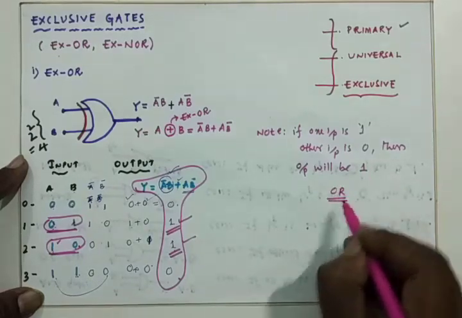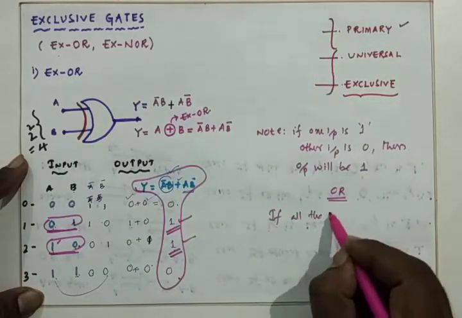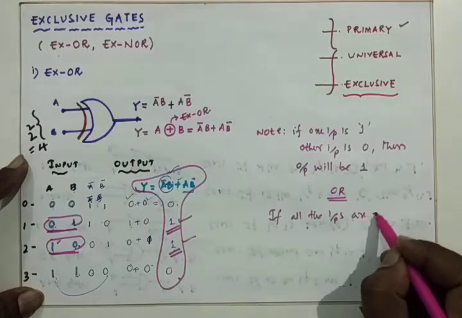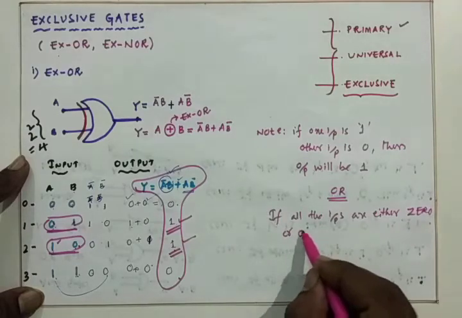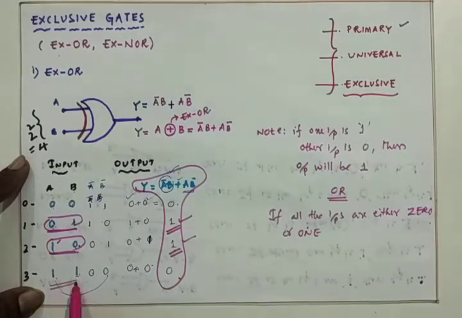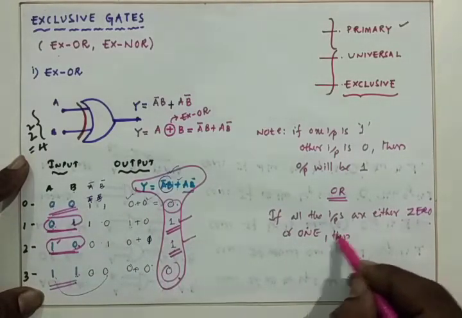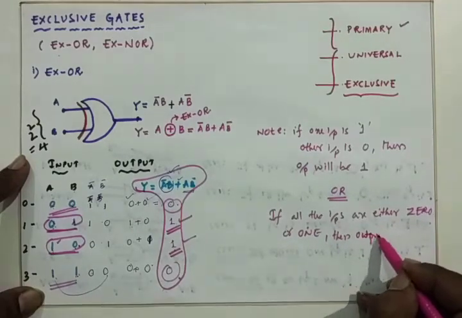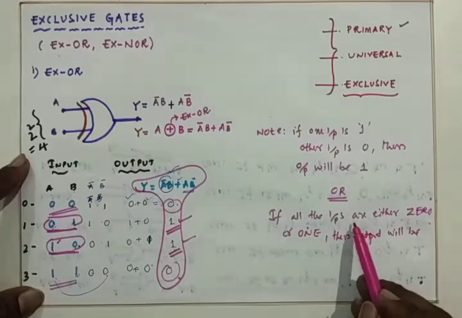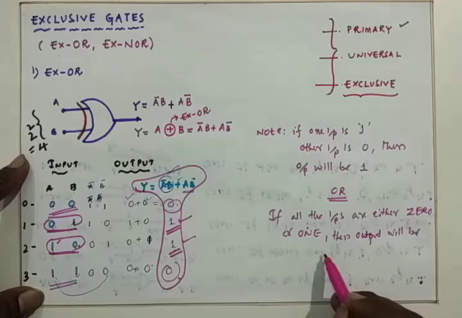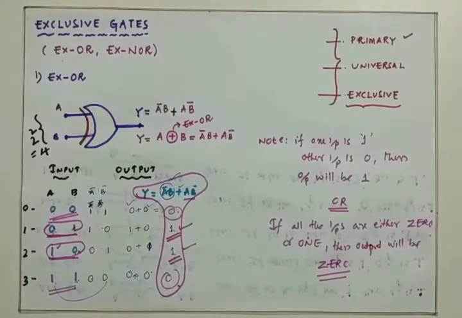Or if all the inputs are either 0 or 1, output will be 0. This is the conclusion of the exclusive OR gates.